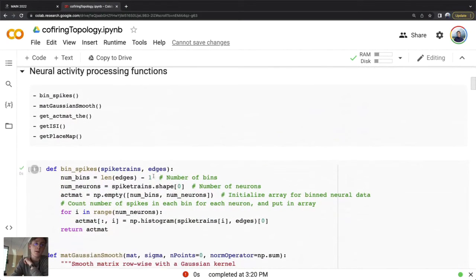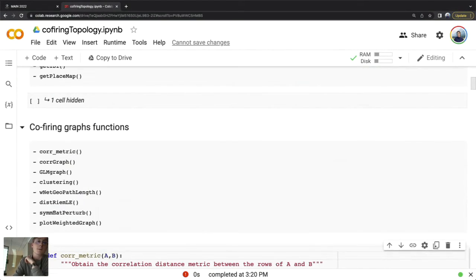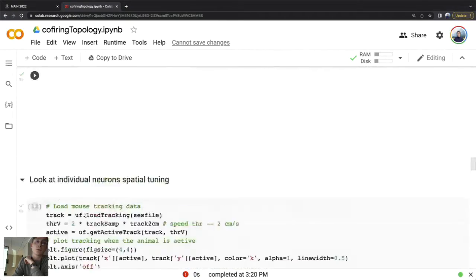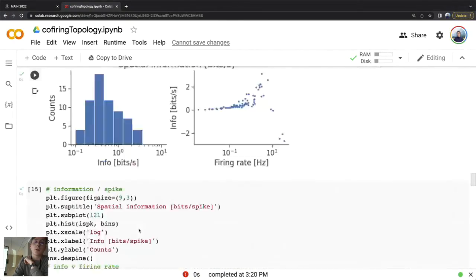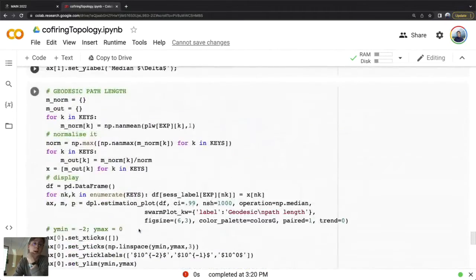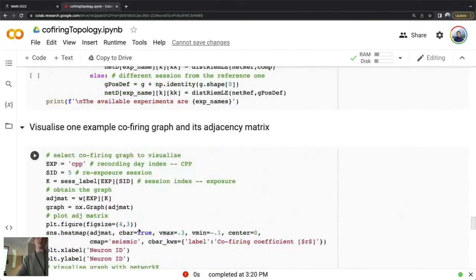Sorry, I think it's this one. I don't want to go too much in the weeds with that, but this might be of interest for you later.